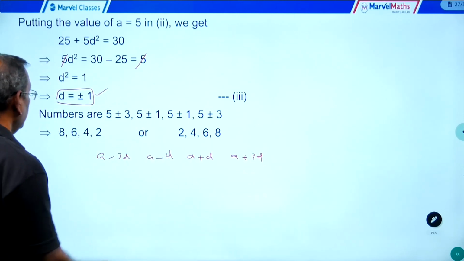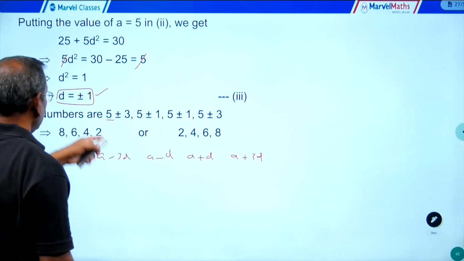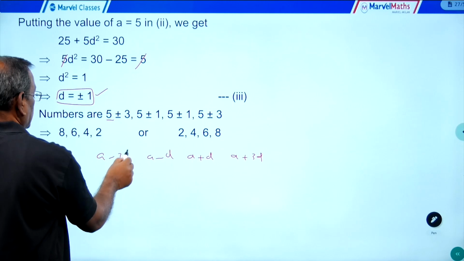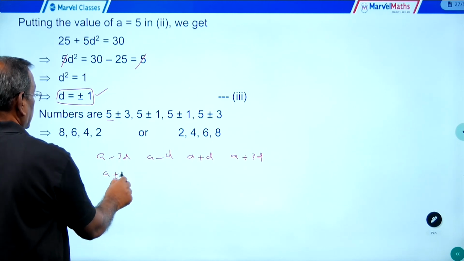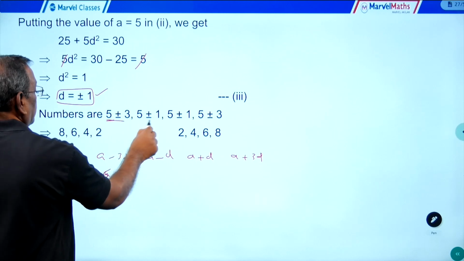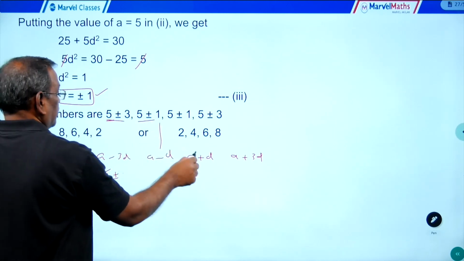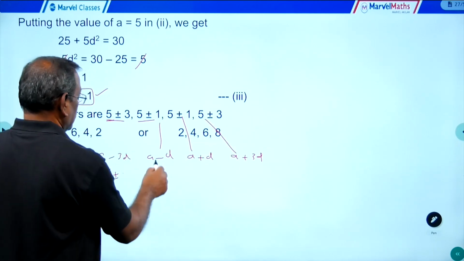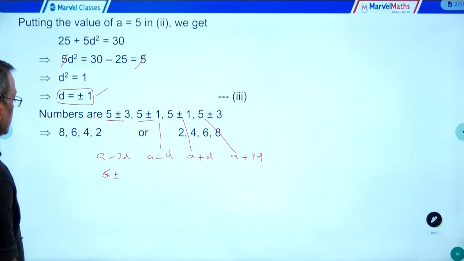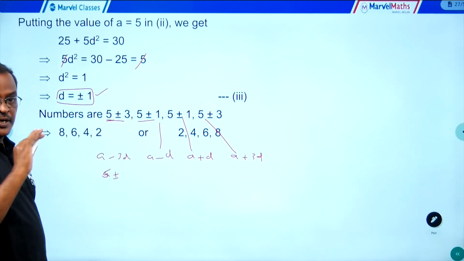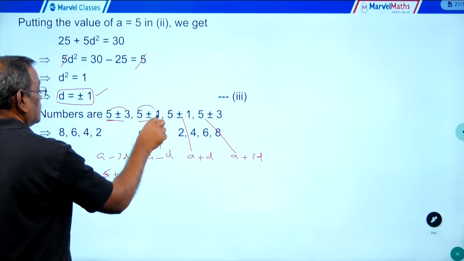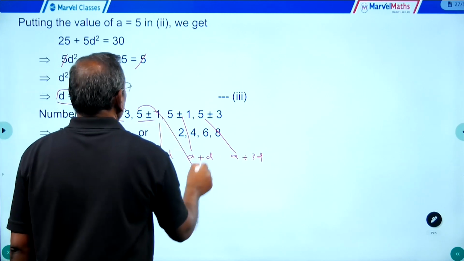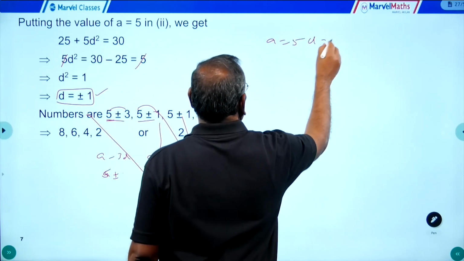What is a? a equals 5. Better to write it in 2 cases: a equals 5 and d equals 1.